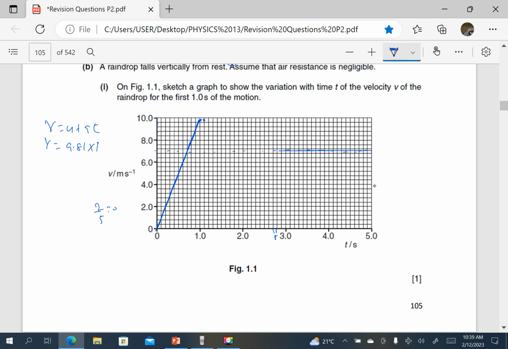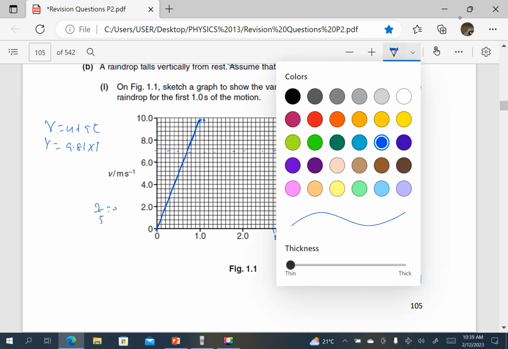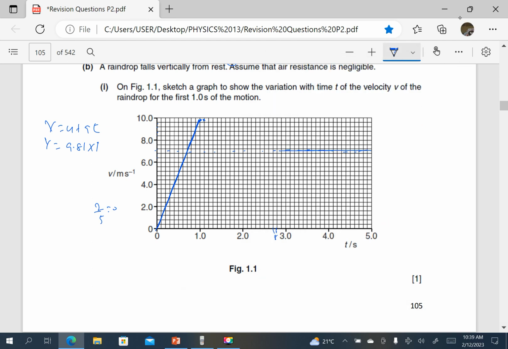So there is a horizontal line. The other part of the graph is not going to be a horizontal line, it is going to be a curve, which becomes horizontal at this point. So the graph would look like that.